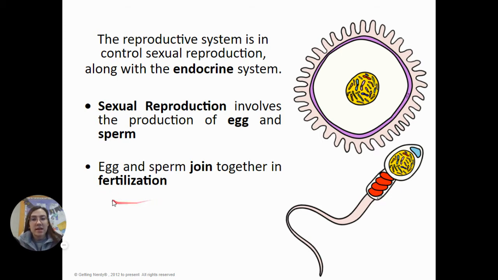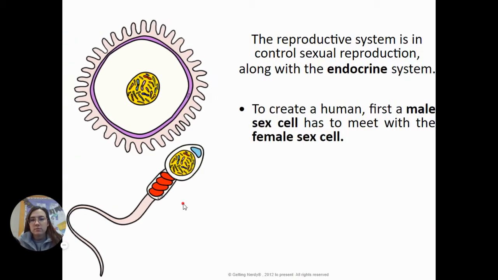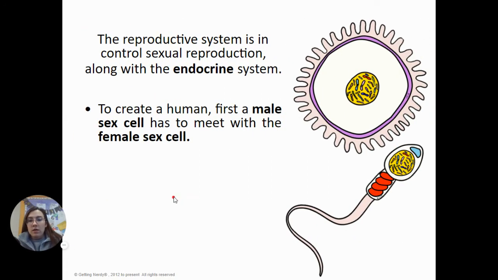This is the process of fertilization, when the egg and the sperm come together. So remember, we're looking at a male sex cell coming up to the female sex cell. The female sex cell is the egg and the male sex cell is the sperm.